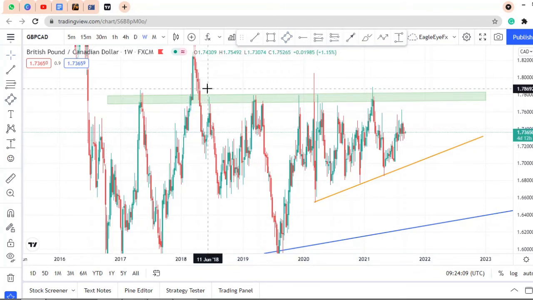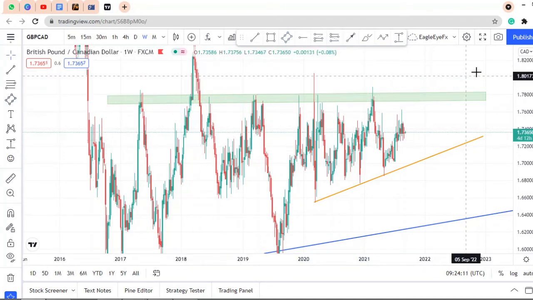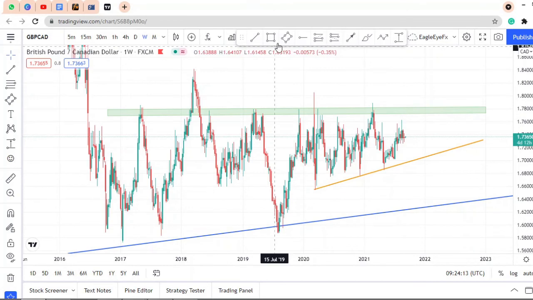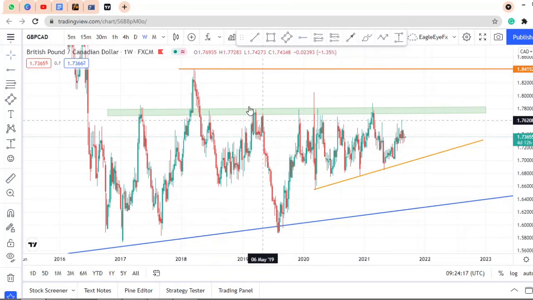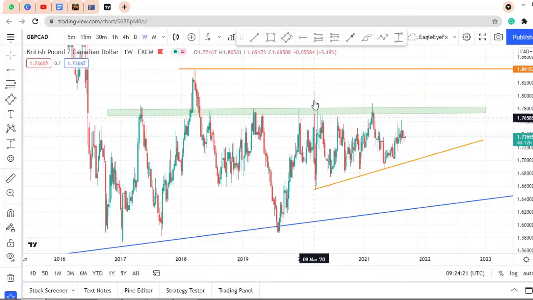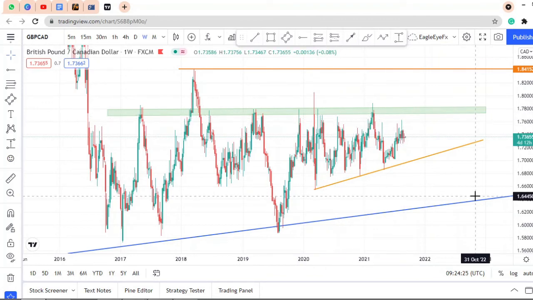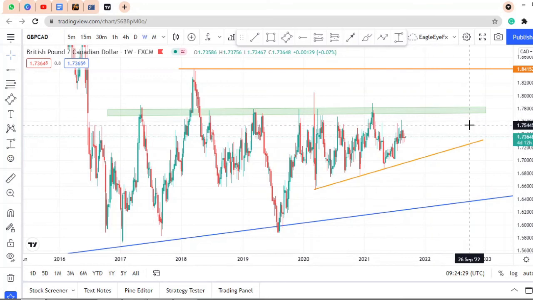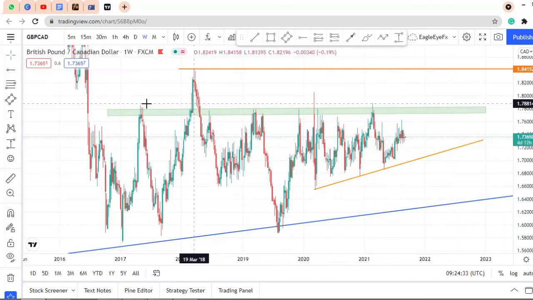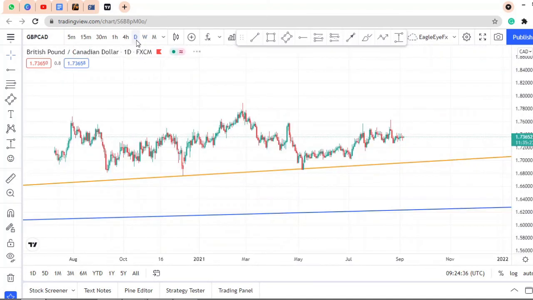GBPCAD, see reversal here, some breakout, but it came all the way here. We can mark this as our highest on the weekly, and it came back, rejection here, rejection, some fake moves. It was going up, then we see a lot of that. And you can see this one is also decreasing, so perhaps it's preparing to break out. Okay, so let's go to the daily time frame.